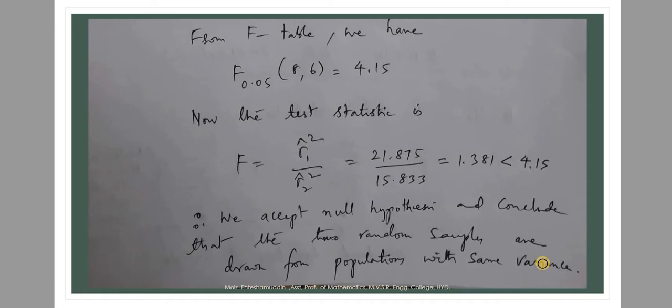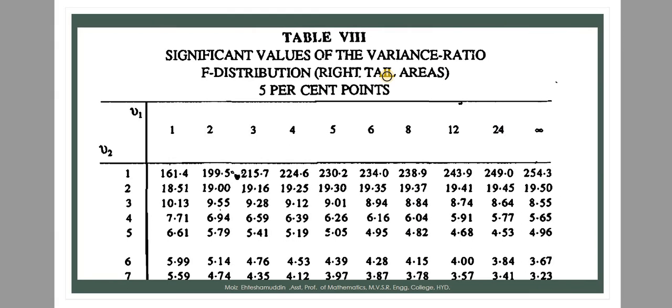So now we need to look at the F table with 5% level of significance, with first degree of freedom as 8 and second degree of freedom as 6, and the tabular value is 4.15. I have included the tables here. For 5%, it is the values of F with nu1 comma nu2.